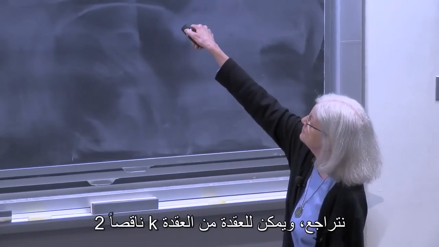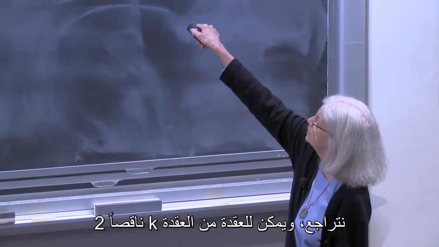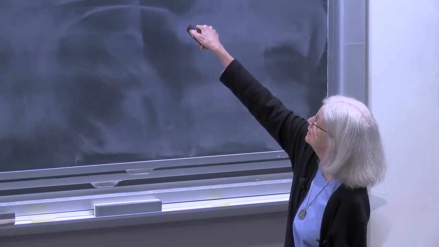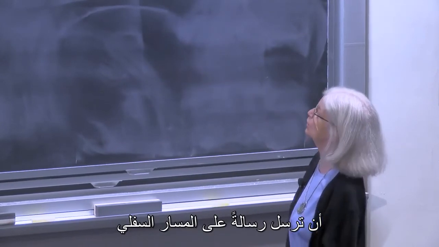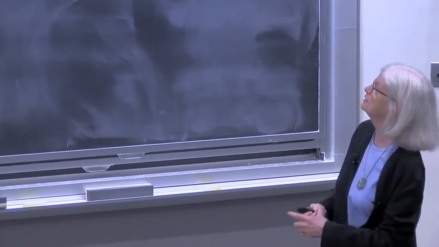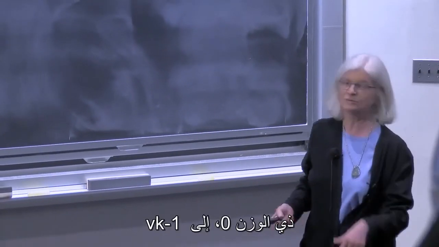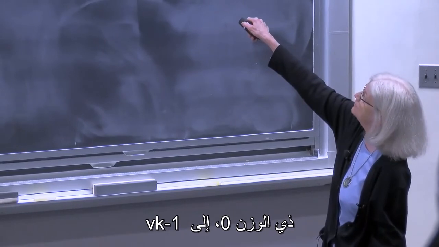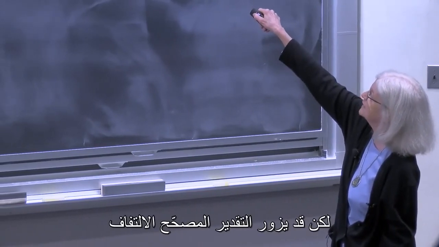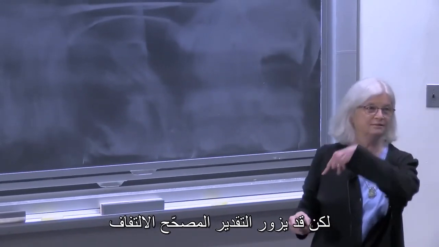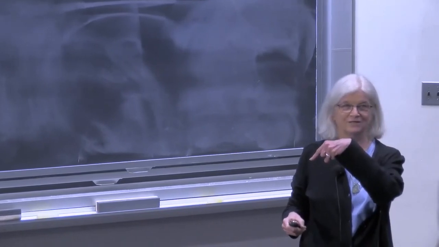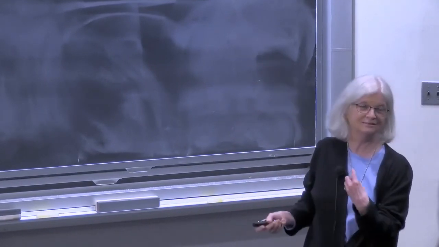Well, we step one back, and the node from node k minus 2 can send a message on the lower link, which has weight 0, to BK minus 1. But that corrected estimate might then traverse the detour to get to node BK.